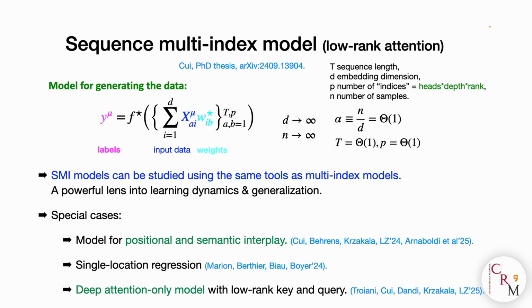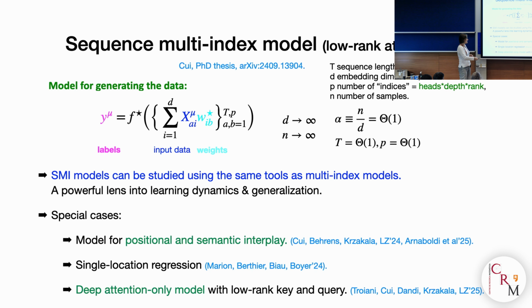So for instance, in this paper, we modeled phase transitions between learning from positions and from the semantics of the tokens. This paper by Pierre Marion, Claire Boyer, Ludovic and Gérard introduced a very nice model that is called the single location regression that I will tell you a little bit about.